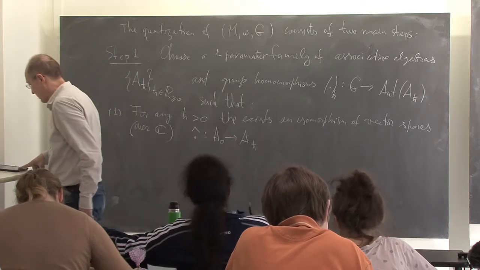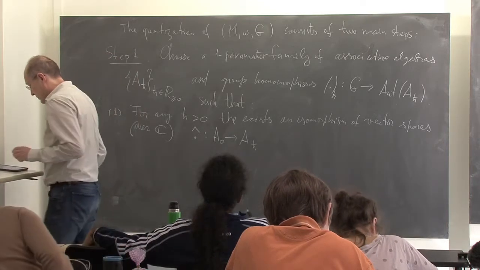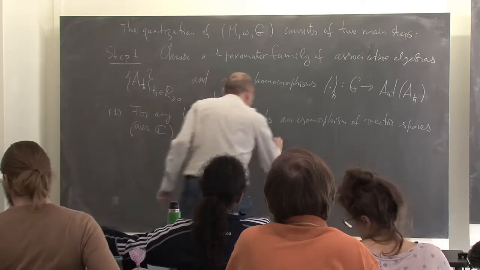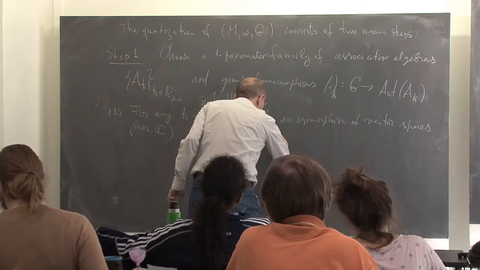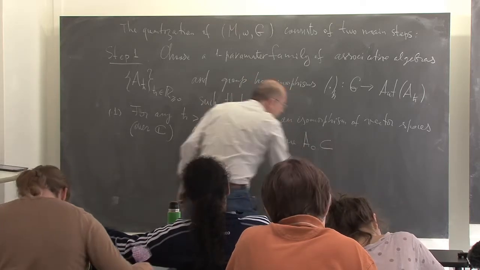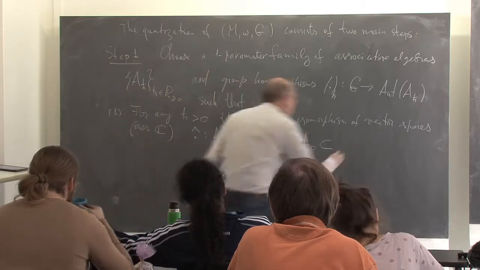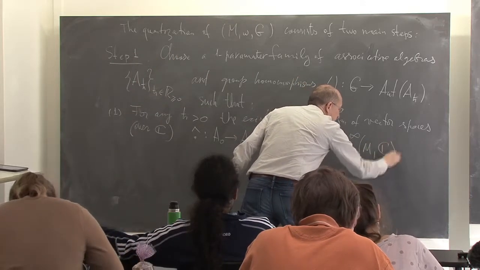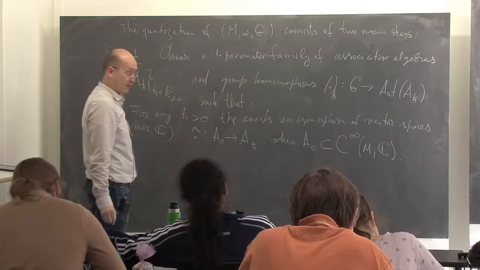It is assumed implicitly. Where A0 is identified as a subalgebra of smooth functions on M with coefficients in complex numbers.